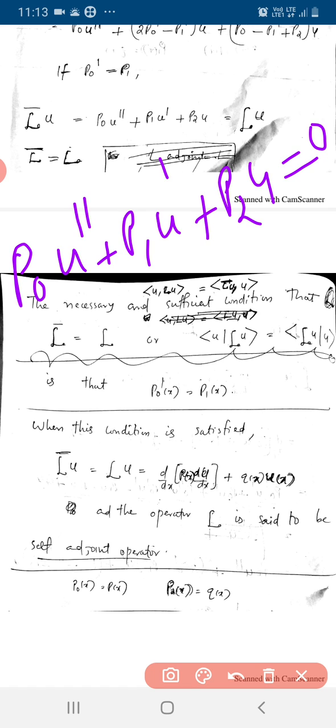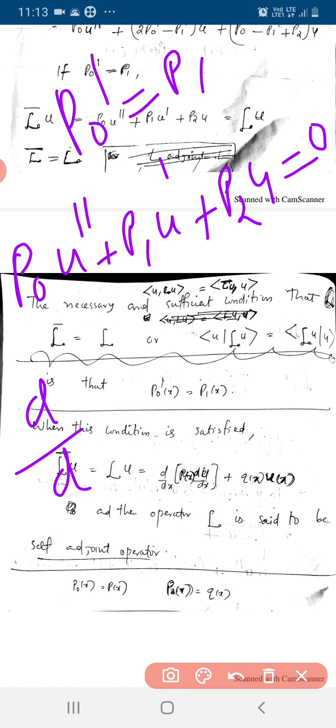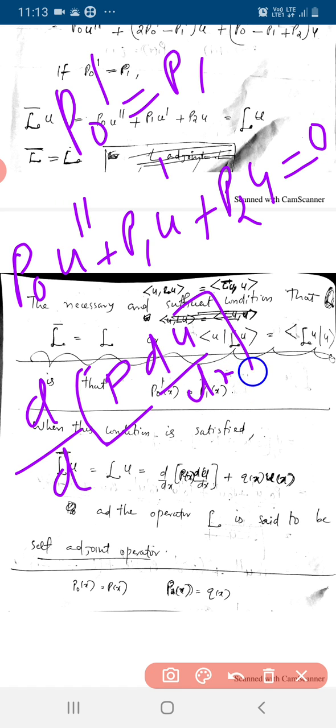So if P0 prime is equal to P1, I can write this as d by dx of P du by dx. When you differentiate this, we will have first P d square U by dx square.